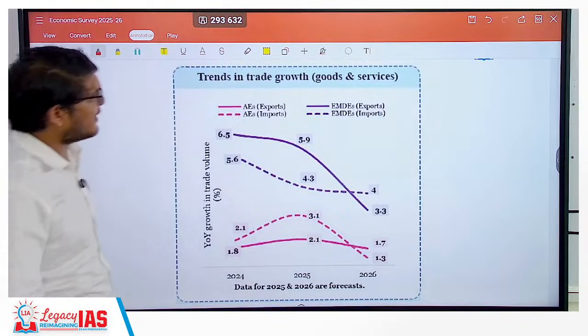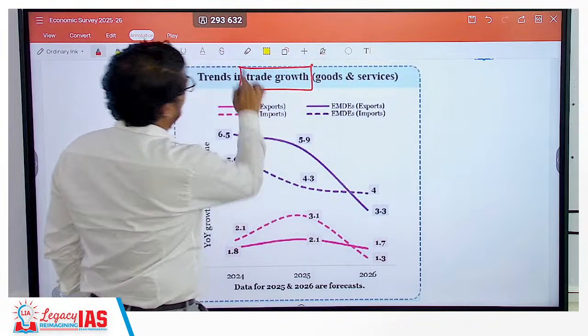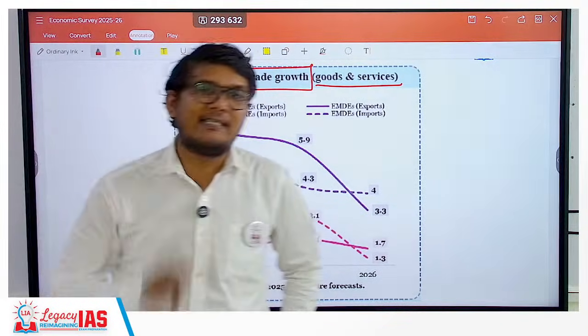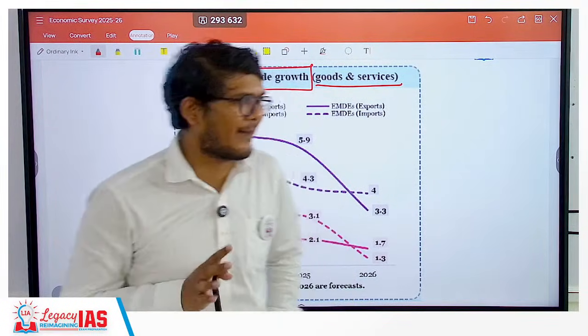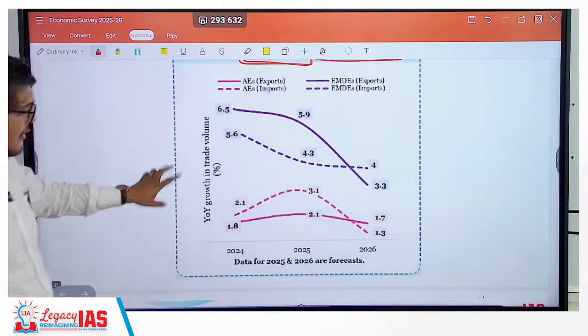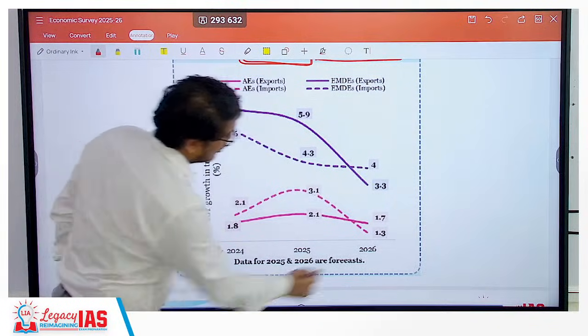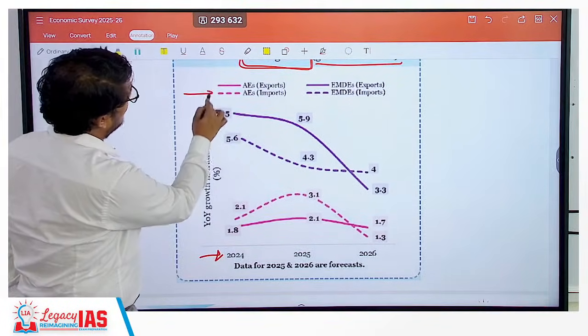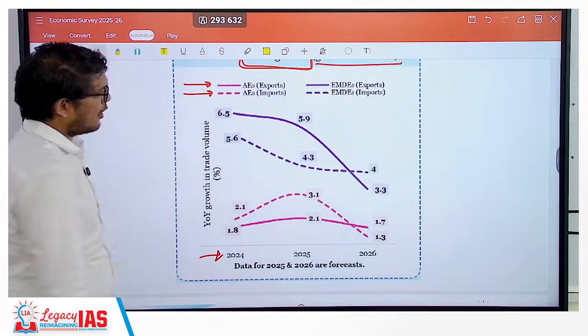So if you look at the trends in trade growth, goods and services together, remember we do exceptionally well in services, specifically with respect to the balance of payments. Now this is the data from 24 to 26. These are the advanced estimates of imports and advanced estimates of exports.